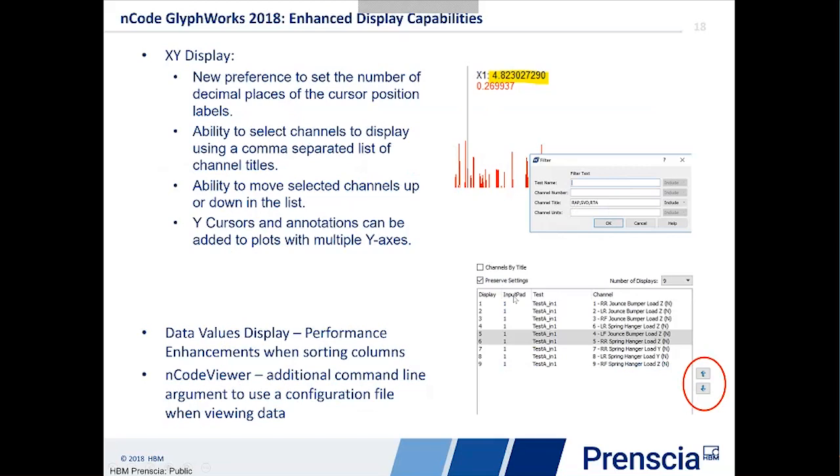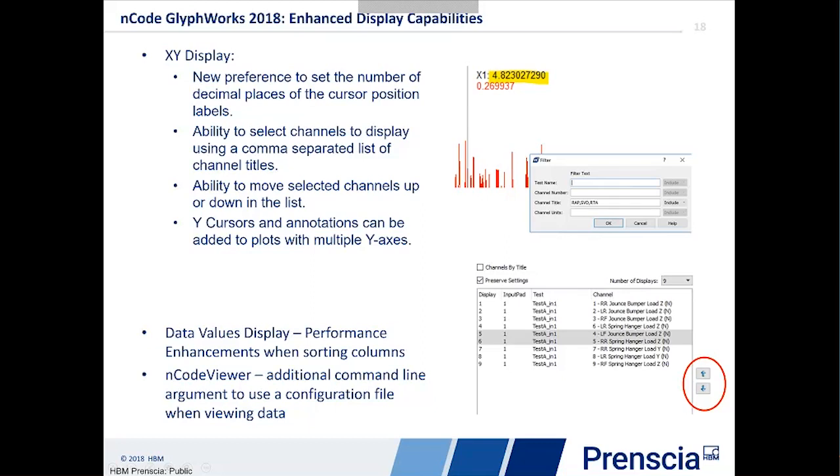Once you get the selected channels, they're displayed in order typically, and say you want to display the fifth and sixth channel first, so you may select them, and you've got these arrows now to change the order of the displayed channel. It's nothing revolutionary, but it makes your experience with the software a bit more pleasant when it comes to changing the order of the displays.